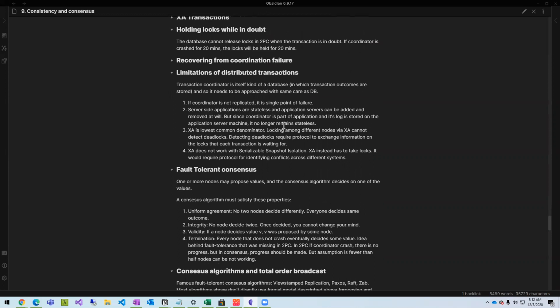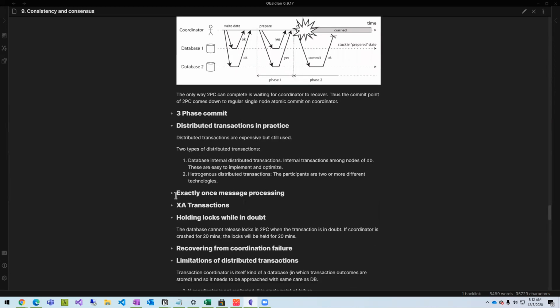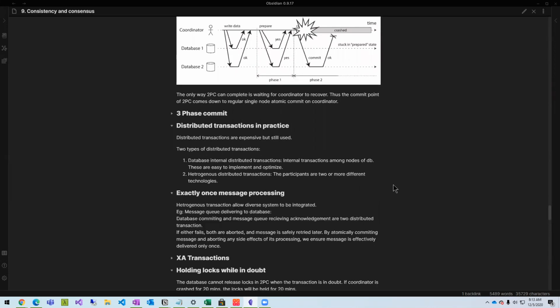One more thing that I've found in my experience: there were two instances when I had to do exactly-once processing. One of them was simple: get the message from the queue and persist it in a database. When you are a developer and you need to do this processing exactly once, and you know a little bit of theory, you might think, okay, now I need to do distributed transactions.